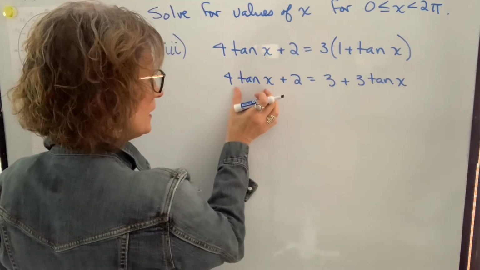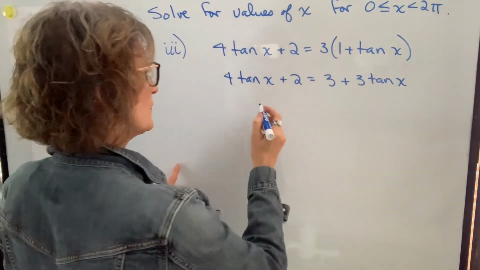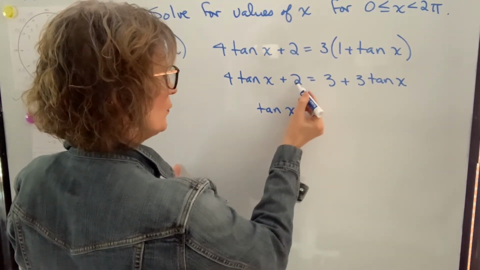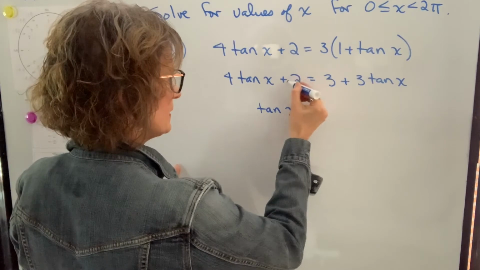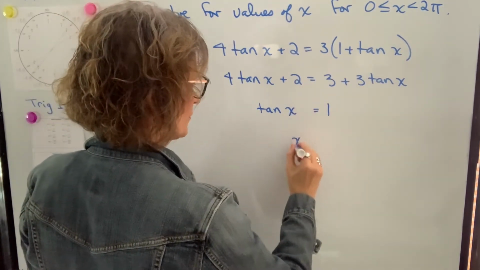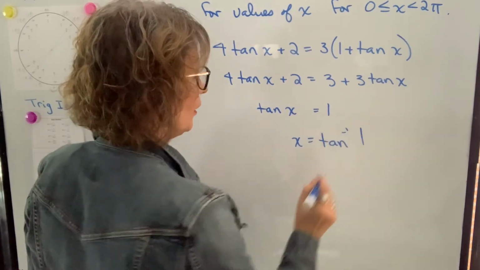I've got 4 tan x on this side. I have 3 tan x on that side. I'm going to subtract 3 tan x from both sides to get 1 tan x. I'm going to subtract 2 from both sides. When I subtract 2 from 3, I get 1. So I know my solution will be the inverse tan of 1.